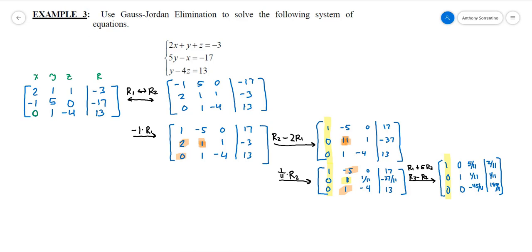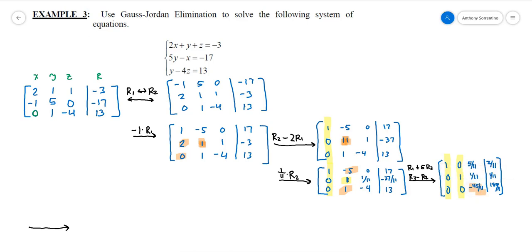So now I have my first two columns established. Anything I do from here on out should not undo any of this. So as I now define my next row operation, I'm just going to bring it back over here. I want to make this into its 1.